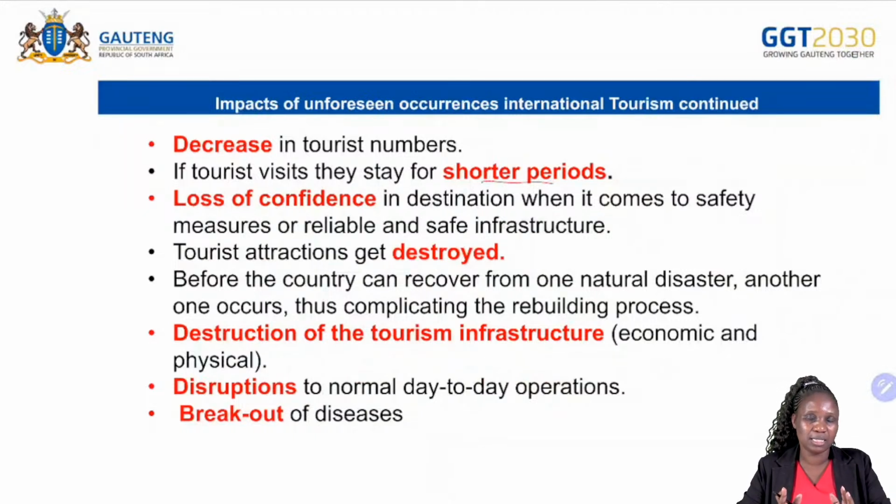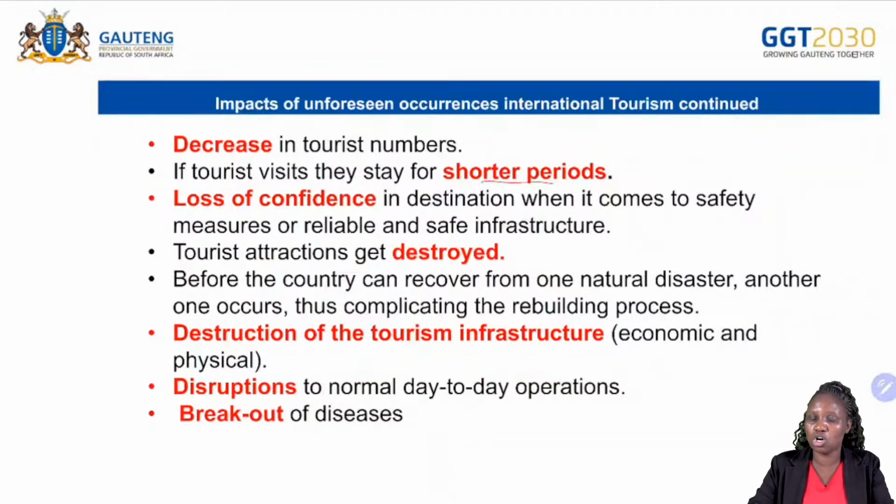All right. Some people, if they experience a negative impact or an unforeseen occurrence, don't visit an area; they will be afraid. And then destruction of tourism infrastructure, economic and physical, right?